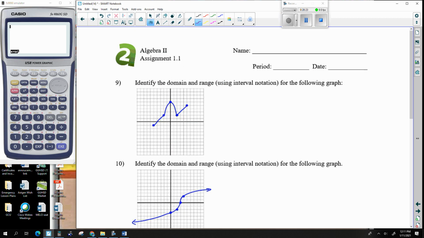All right, so what I see is this is the leftmost point, this is the rightmost point. So this domain will go from negative 5 to positive 5, with closed dots on both of those.